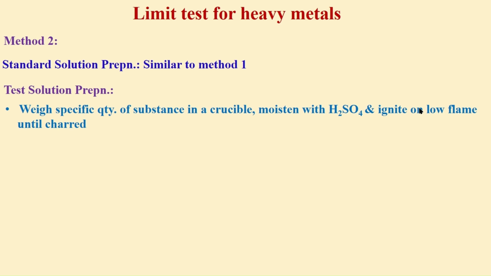We weigh the specified quantity of the substance in a crucible and moisten it with a small amount of sulfuric acid, and we ignite the mixture in the crucible on a low flame until it gets charred.